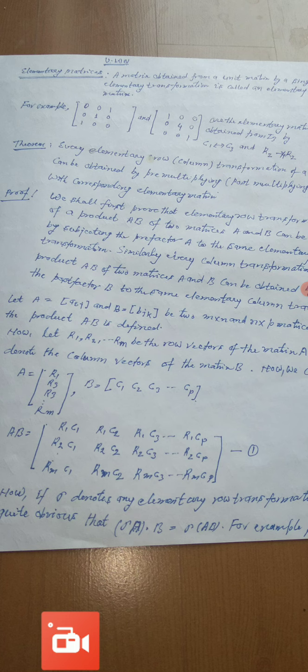Theorem: every elementary row (in bracket column) transformation of a matrix can be obtained by pre-multiplication (in bracket post-multiplication), meaning for rows pre-multiplication and for columns post-multiplication with the corresponding elementary matrix.